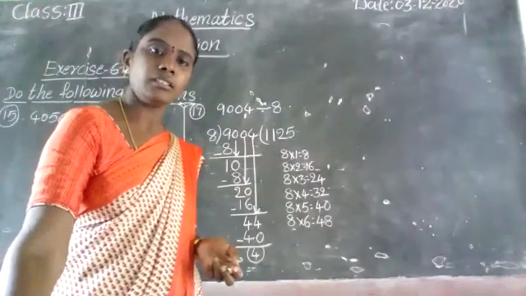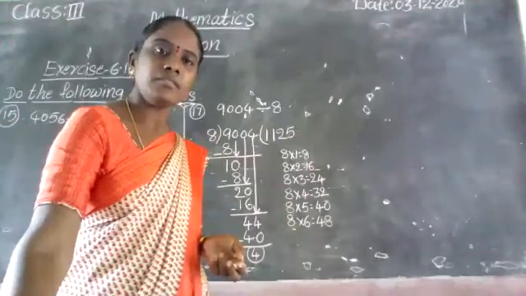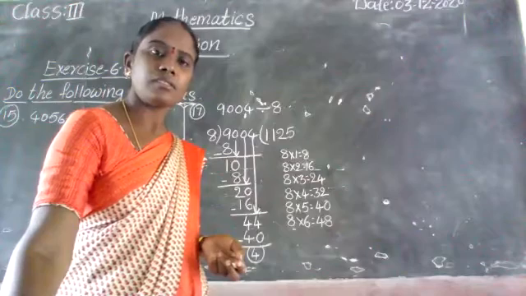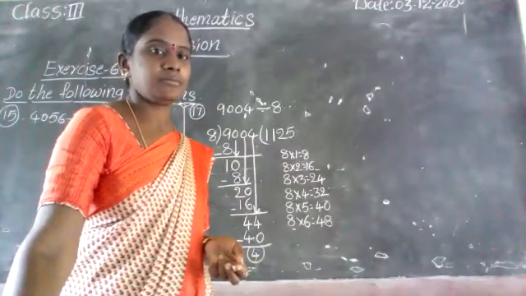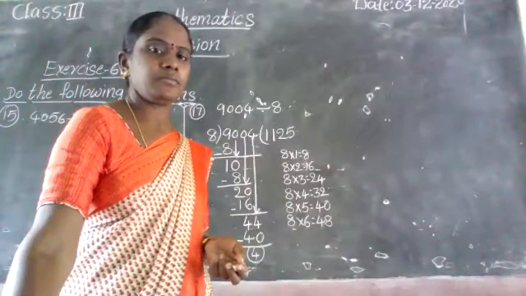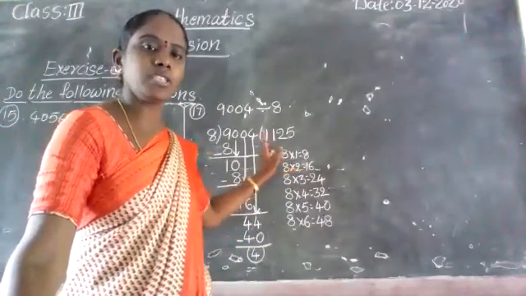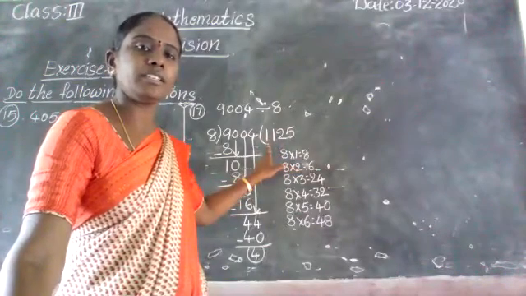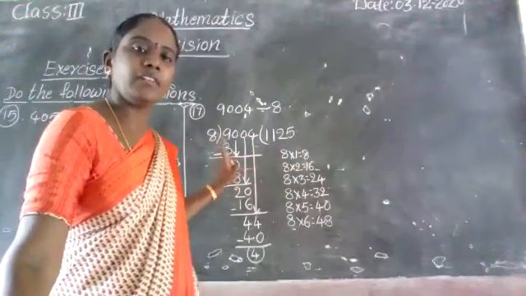Is the answer the quotient or the dividend, teacher? This is the quotient. 1125 is the quotient. The answer is the quotient only. 9004 is the dividend. 8 is the divisor.